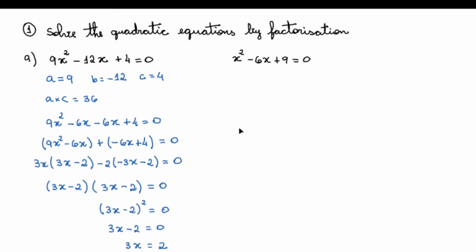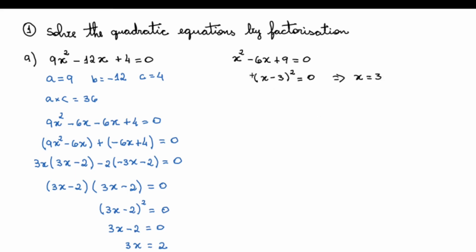Now, in a previous video, we saw that the equation x² minus 6x plus 9 equals 0 was factorized to x minus 3 squared equals 0 and has only one solution, x equals 3.